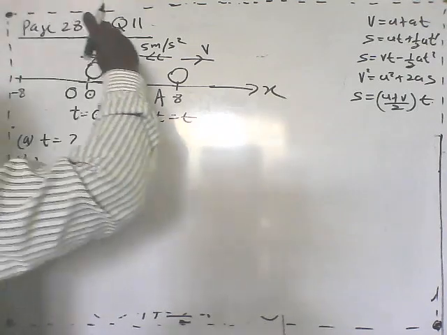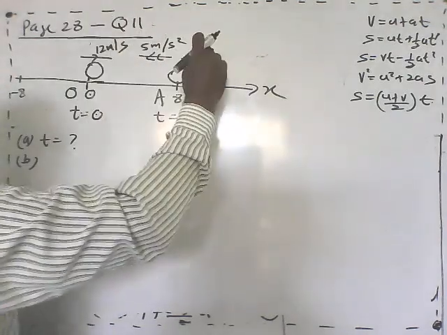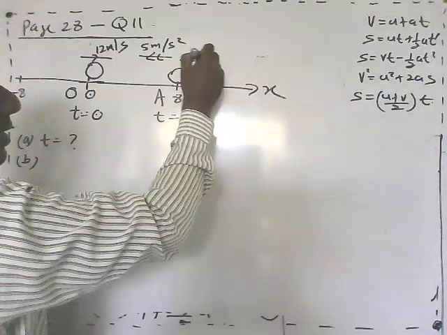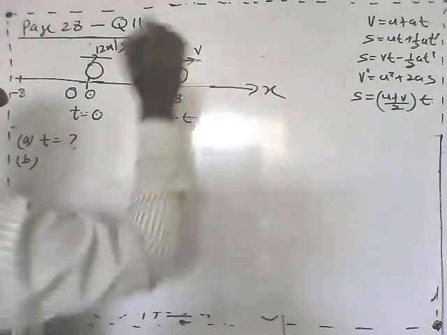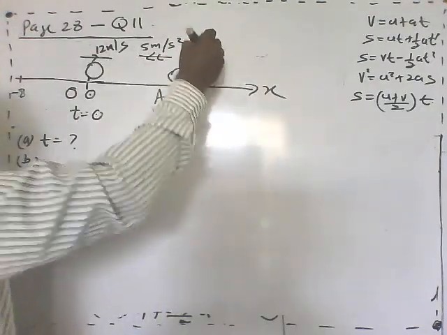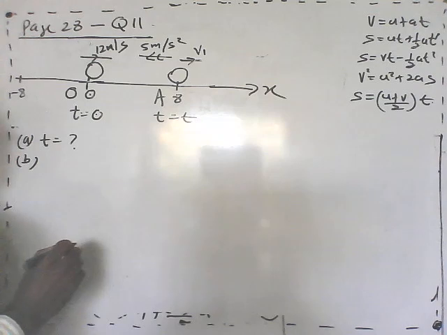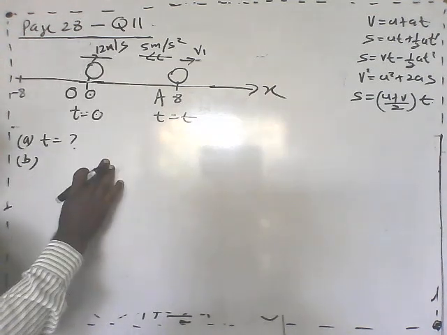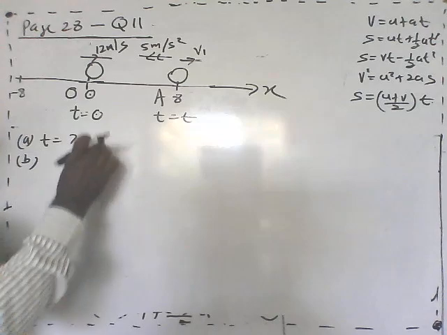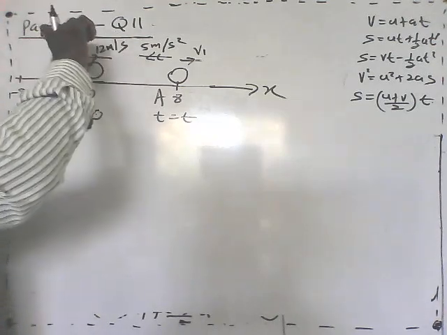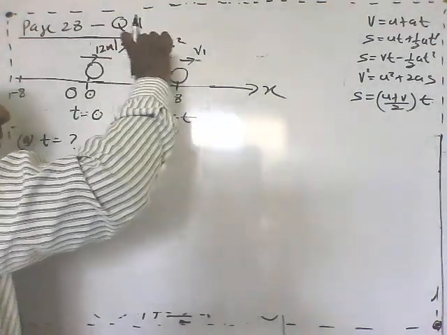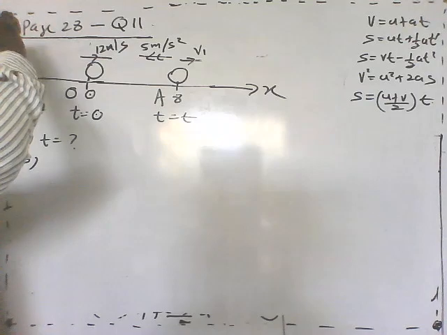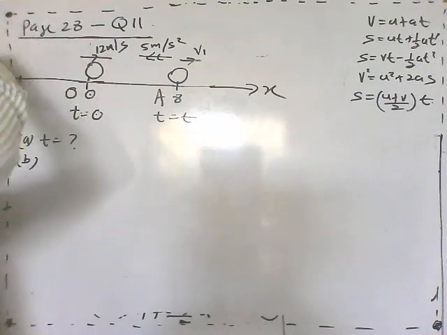So I note here he might pass this with velocity v1. According to the situation, this is decelerating, so it will slow down, and it will go back and pass the origin also.